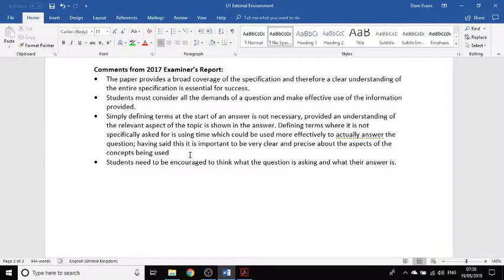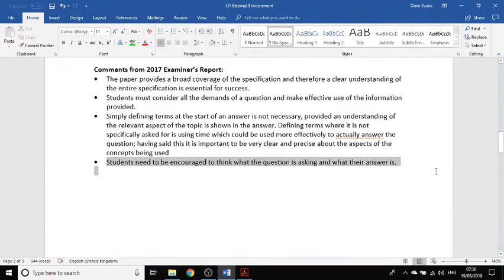This could occur because... and that's the start of your chain of argument. So there are some arguments for starting with a definition, but clearly the examiner is telling you to be sensible, and if you don't need a definition because you're going to clearly explain the concept in your answer, then maybe just crack straight on.